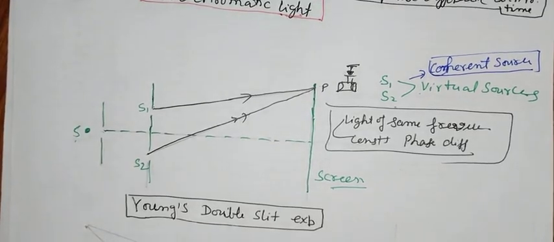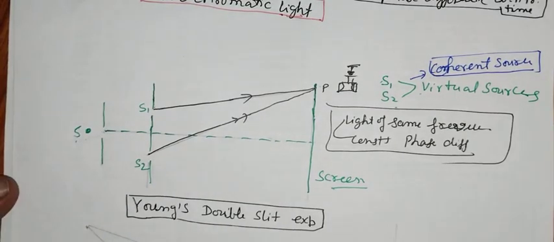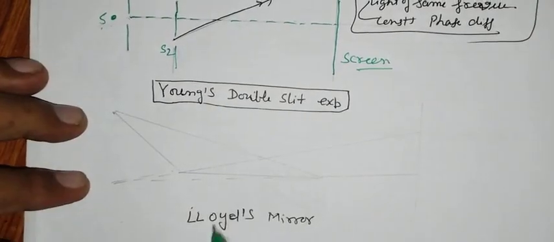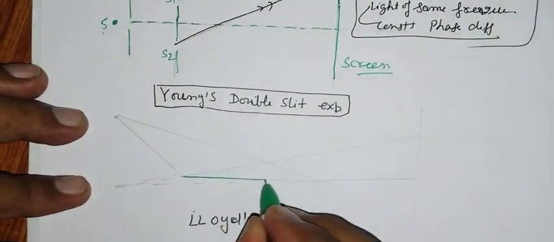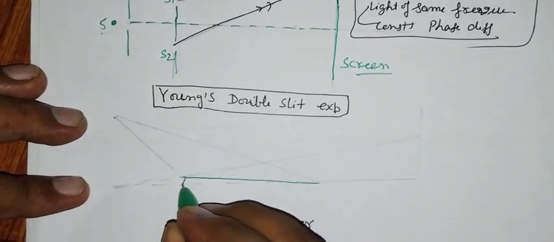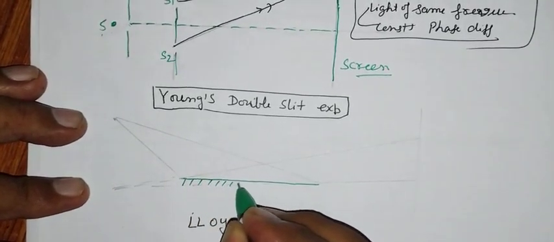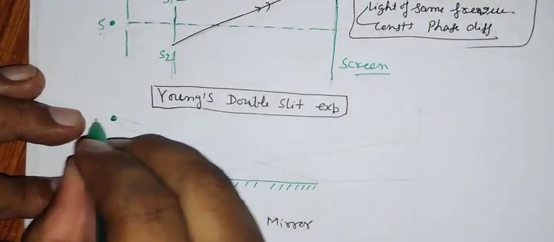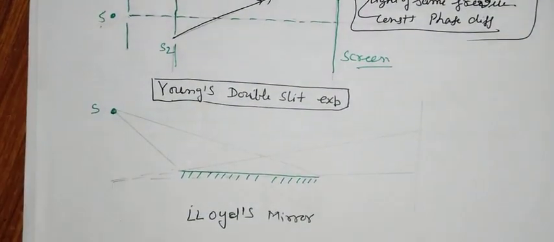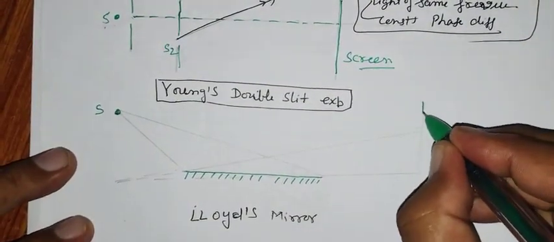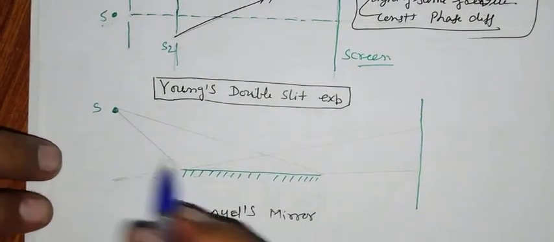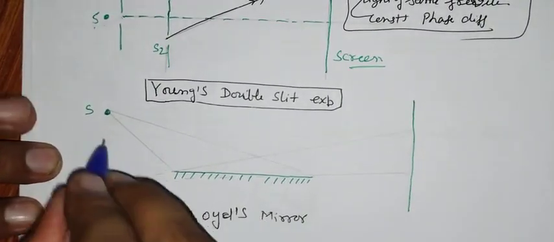One more method used to obtain the phenomenon of interference is Lloyd's mirror. In Lloyd's mirror, a thick plane mirror is used, a monochromatic source is kept here, and one screen is kept here. On this screen the interference pattern is obtained.